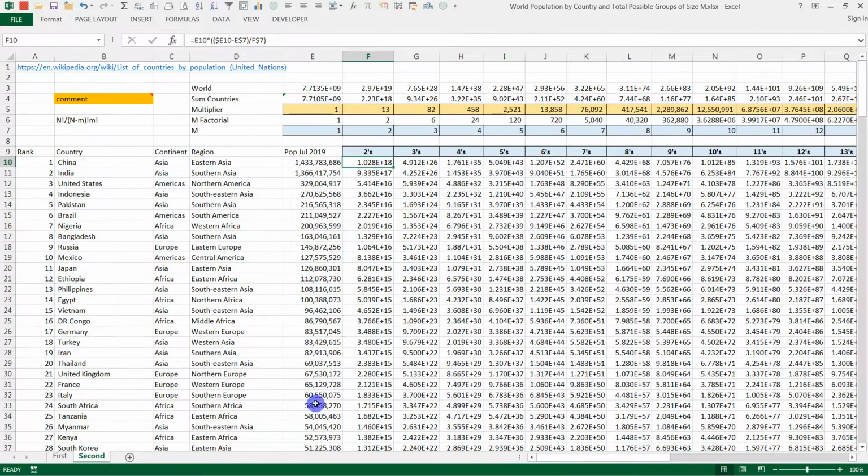So I took a few minutes and rearranged the formulas, and now you'll see that all the formulas are identical. This one is referring to J7, that's this row.